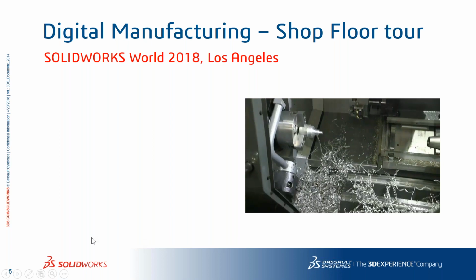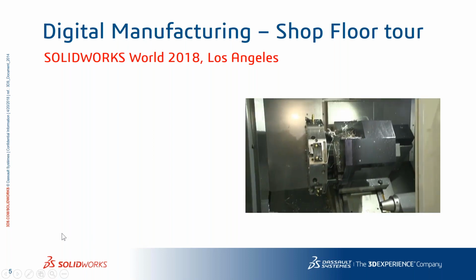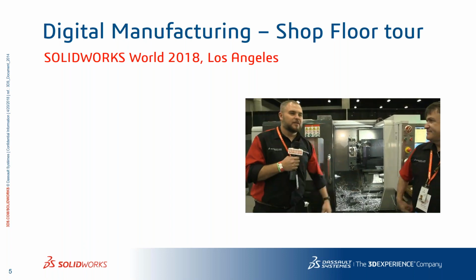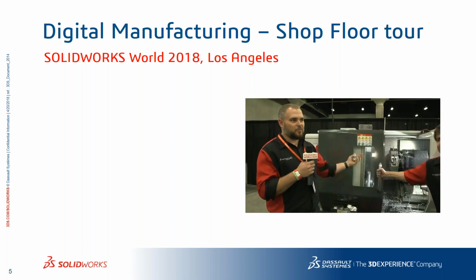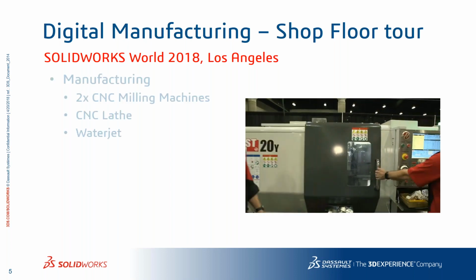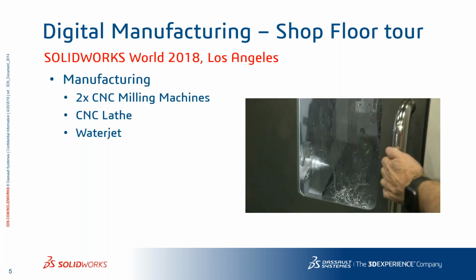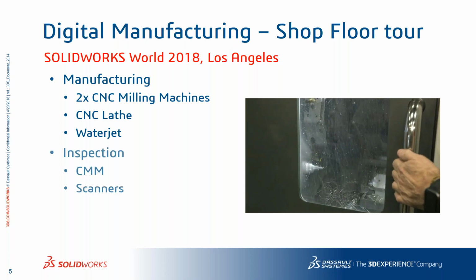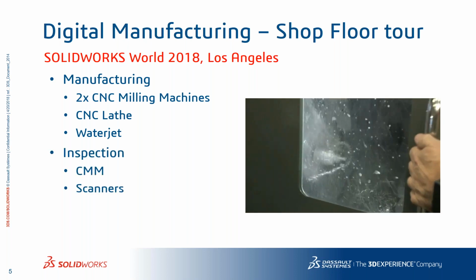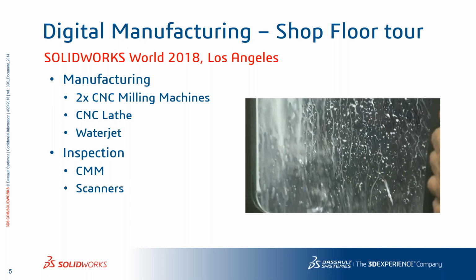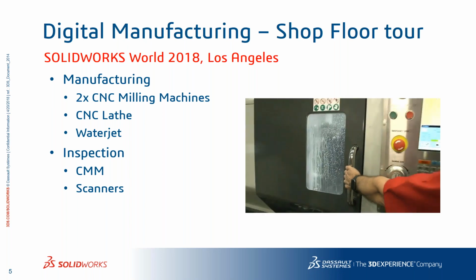We're grateful for it now as we've jumped into this world at SolidWorks. While we were at SolidWorks World, actually, this is a little video you're seeing on the screen now. We had a shop floor with a lot of machines, and you can see John in this particular part of the video. We've got a recording of this whole interview that was done. It lasted about 15 minutes. We're not going to play it today, but it walked through the shop floor that was completely installed at SolidWorks World.